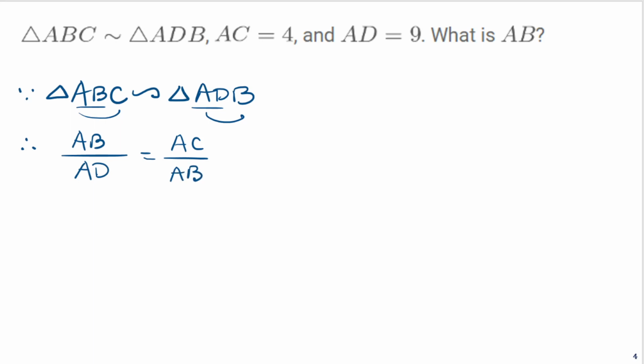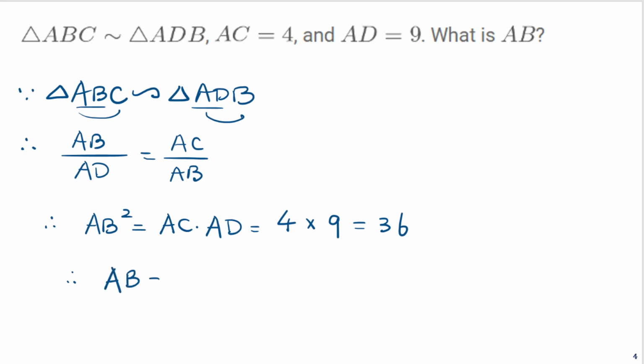Can you see that? Because they are the corresponding sides. Therefore, we have AB squared equals AC times AD. And you are given the lengths of AC and AD, right? So AC is just 4, AD is just 9. So that equals 36. Therefore, 6 squared will get you 36. So AB is just 6, right?